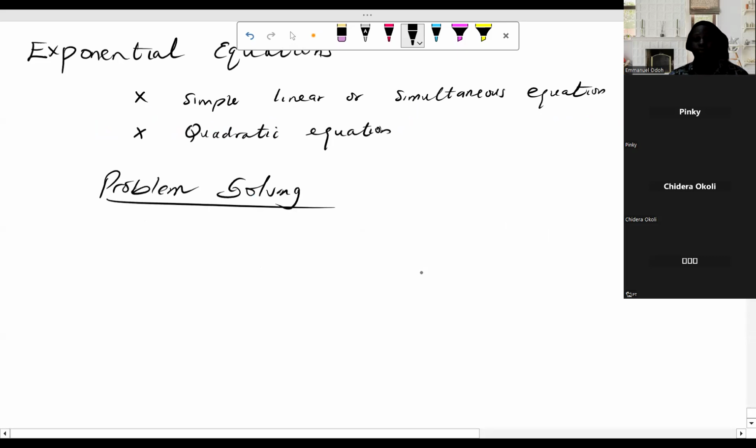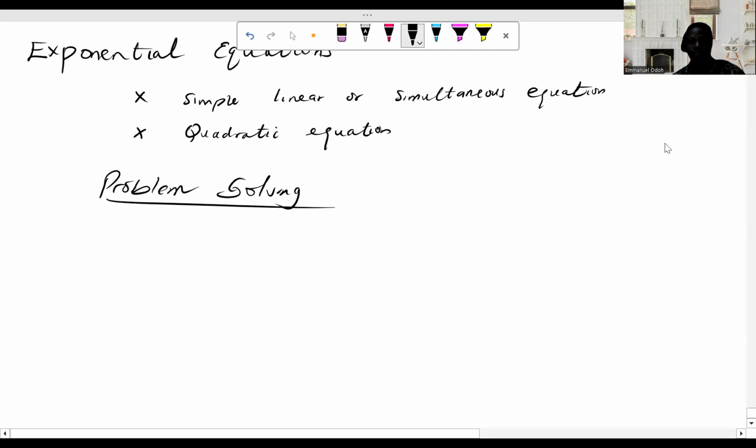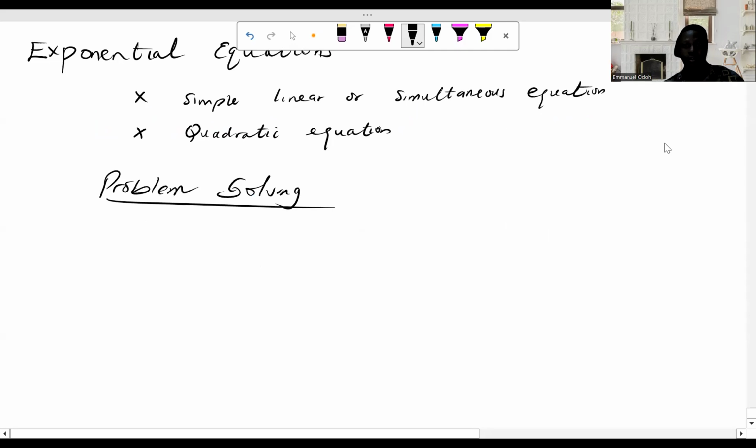Our approach will progress from the very simple to the more difficult ones. When you understand the simple cases, then it's easier to solve problems that are tough.